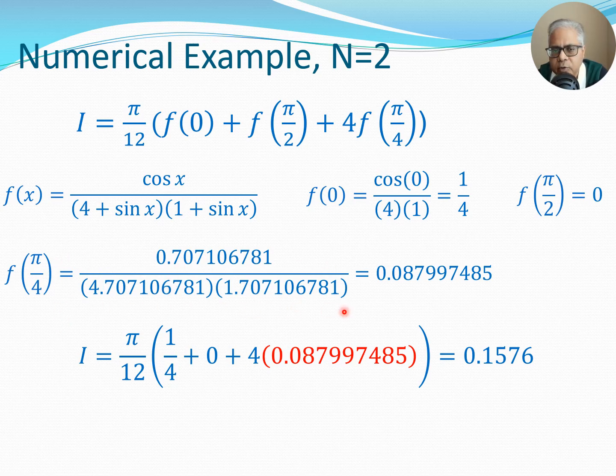So corresponding to that, I have the values of cos and sine. I get these numbers here. I get 0.087997 and so on. So I substitute all these numbers and I get this value of I, which comes out to be 0.1576, pretty close to the actual exact solution. Now I'm going to use some of these numbers here which I've shown in red to check out the computer program.